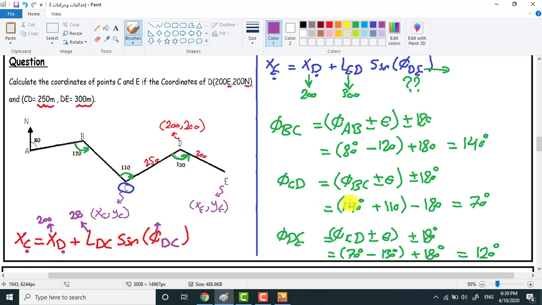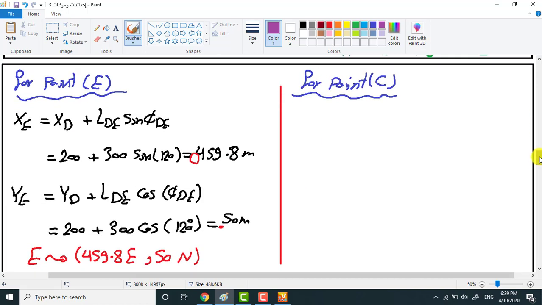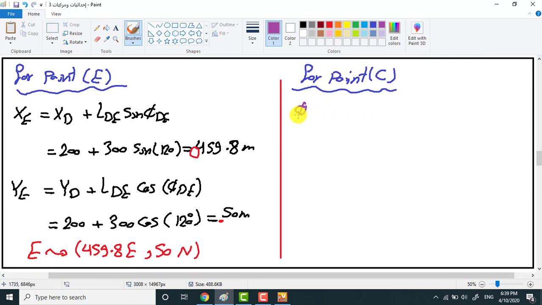Phi DC, we should calculate it because we calculated phi from C to D, not phi from D to C. So first, phi DC equal phi CD plus or minus 180. This relation we took it in the last video, the back bearing and the forward bearing. Phi CD equal 70 degree. It's less than 180, so we will add 180 degree and equal 250 degree.